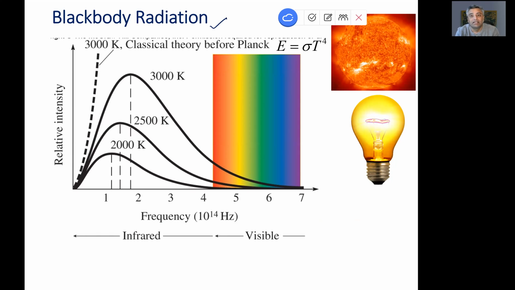When we heat a filament, it emits light and heat, and that's what a light bulb is, or at least the traditional kind of light bulb that has a filament, right? When you heat iron, what happens? It glows. First it glows red, red hot, and then it becomes yellow hot, and then it becomes blue hot.